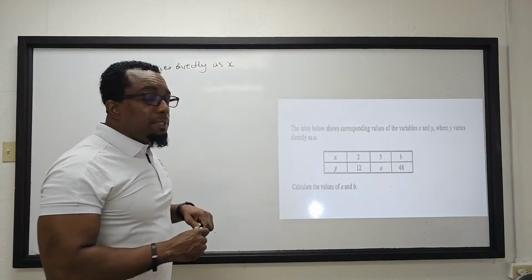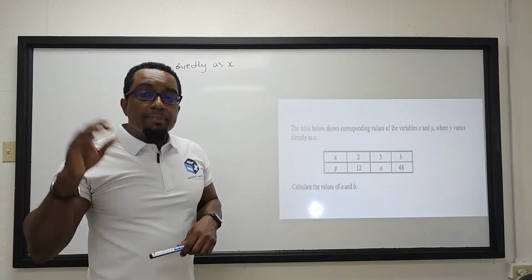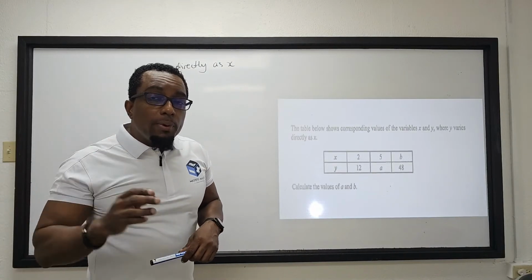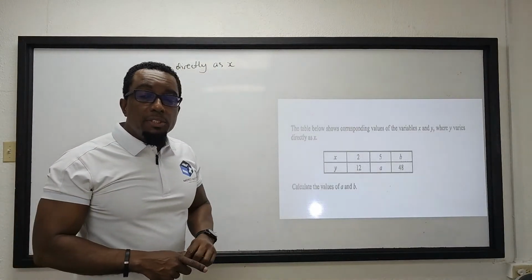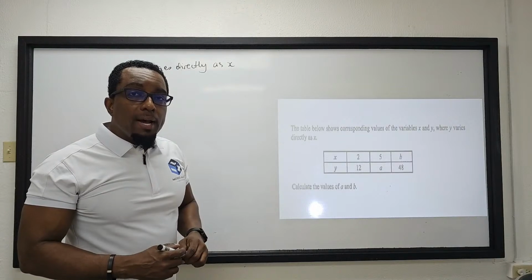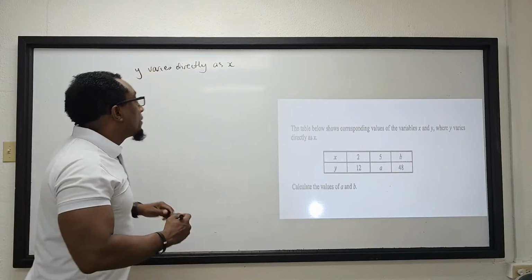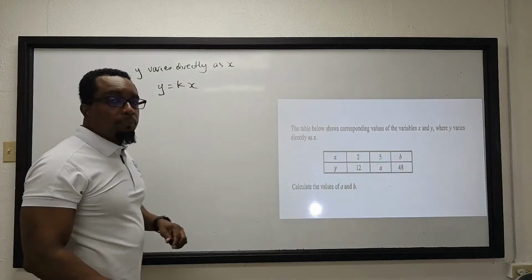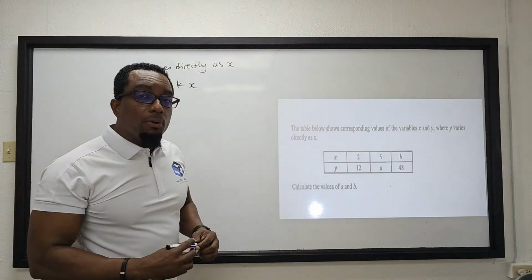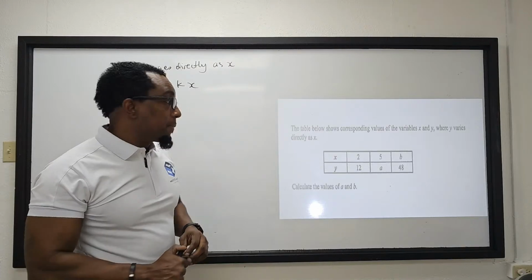And what we have to do when we talk about variation, we have to establish an equation between two variables in that relationship. So if they talk about y varies directly as x, we are going to establish our equation is y is equal to kx. Remember, k is known as your constant of proportionality.